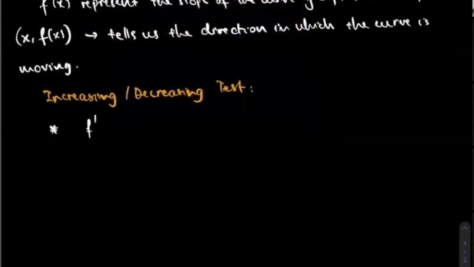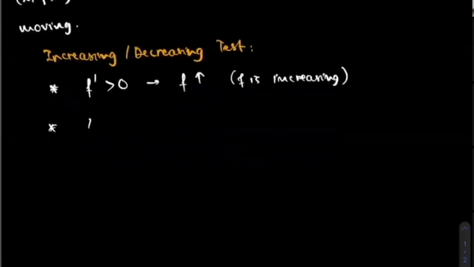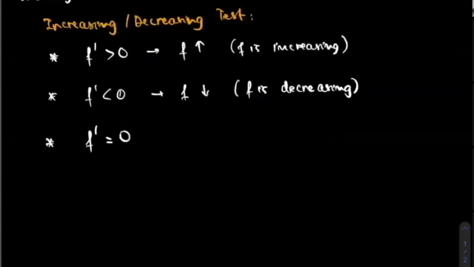We learned that when f prime is greater than 0, it implies that f is increasing, so the arrow pointing up indicates that f is increasing. When the derivative is less than 0, the function is decreasing, so I have the arrow pointing down. And when f prime is equal to 0, f is flat. There's a horizontal tangent line.